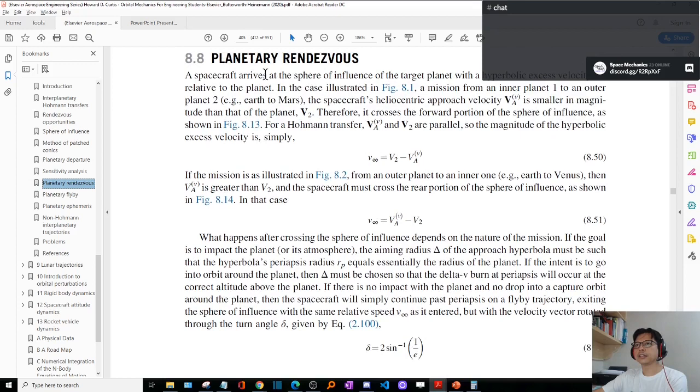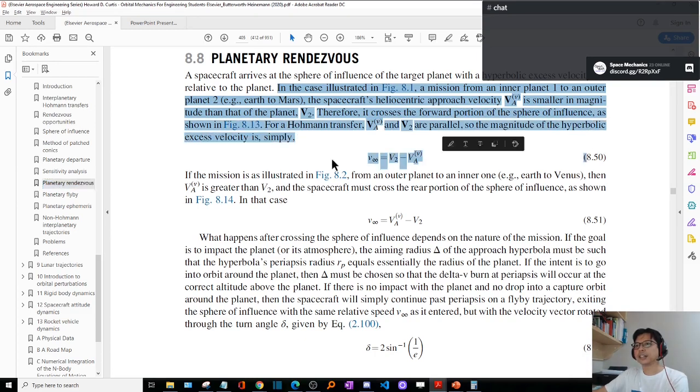Oh, here, yeah. In the case illustrated, a mission from inner planet 1 to outer planet 2, for example from Earth to Mars, the spacecraft heliocentric approach velocity is smaller in magnitude than that of planet Mars. Therefore, it crosses the forward portion of the sphere of influence. Right.